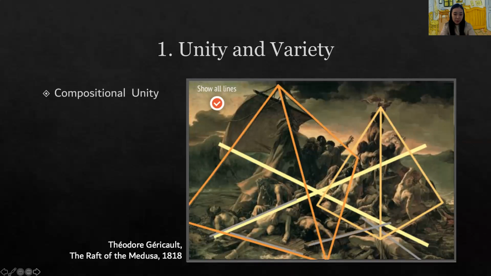The implied diagonal lines created by the men's dying bodies, the raft's mast, and the arms reaching out for rescue form an X shape that provides a strong framework for the figures and heightened dynamic intensity.